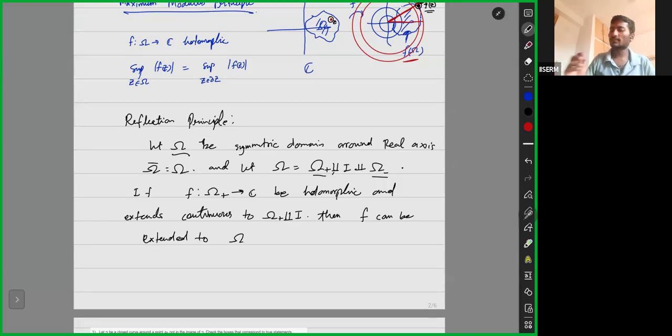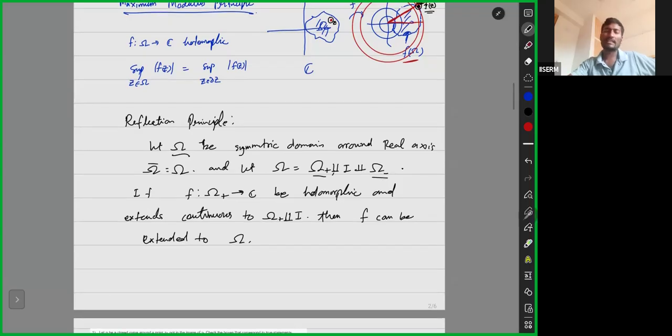to omega. Okay. So what we define in the part below the real axis, in omega minus, is the reflection of F. We are going to define a new extended function G from omega minus to C, where G of z is nothing but the conjugate of F of z bar.